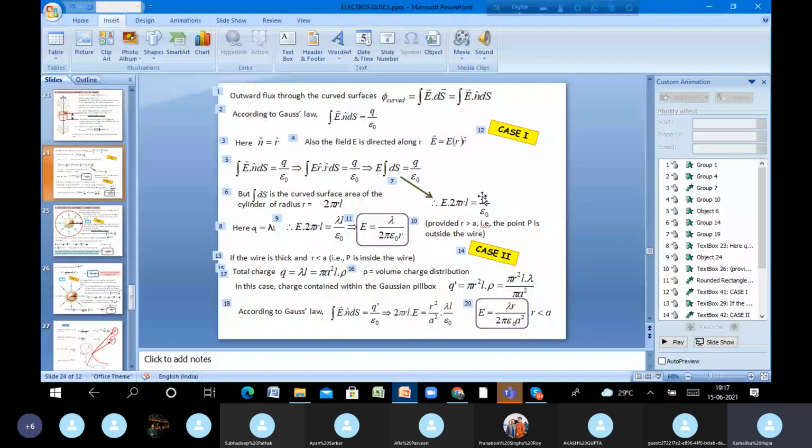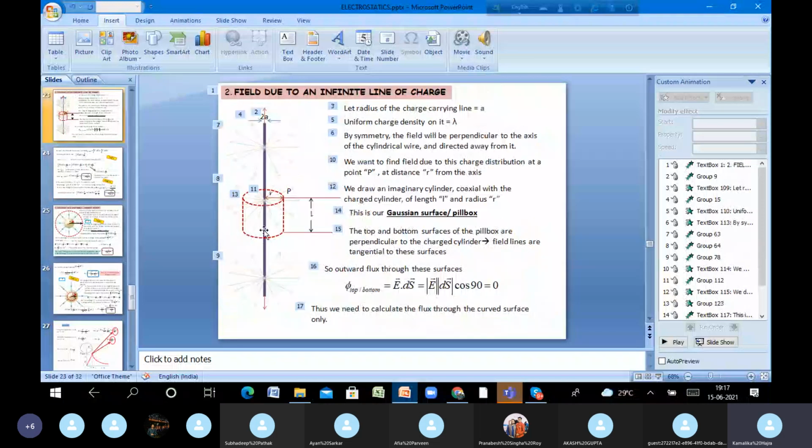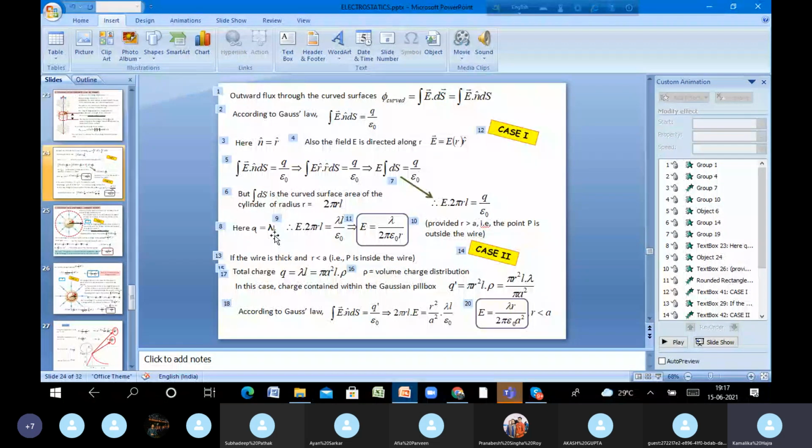And q, the total charge enclosed by the Gaussian surface, is the charge carried by this portion of the line enclosed by the cylinder of length L. So the charge carried by this portion is lambda into L, because lambda is the charge per unit length. So q equals lambda L. So E into 2 pi rL equal to lambda L by epsilon naught, so that E equals lambda by 2 pi epsilon naught r.